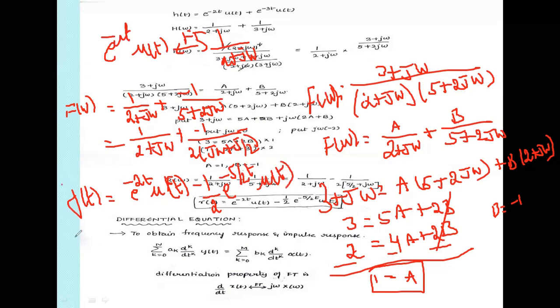We got the input function F of t is equal to e power minus 2t minus 1 by 2 e power minus 5 by 2 into t mu of t. Got it? The same function. It's not the R, it's F. H of omega is equal to, already substituting the R of omega only, we got the F of omega. Got it, my dear students?